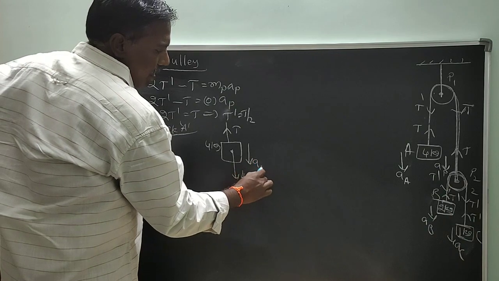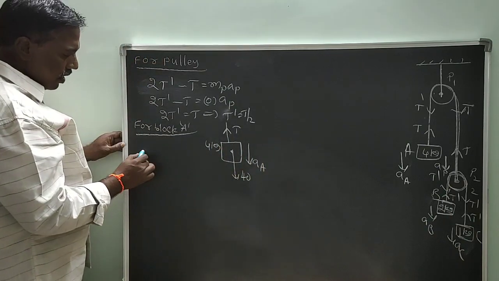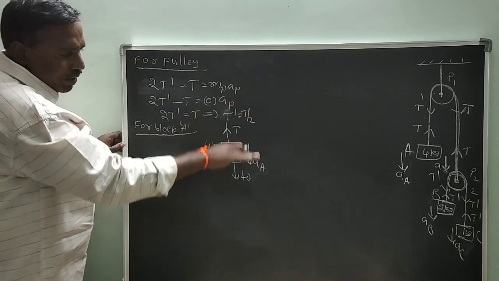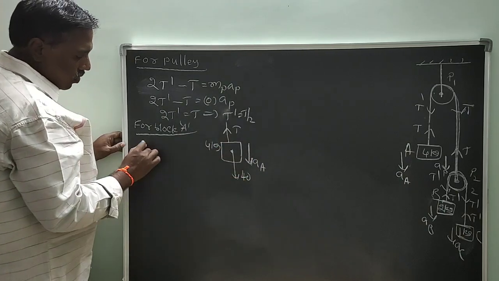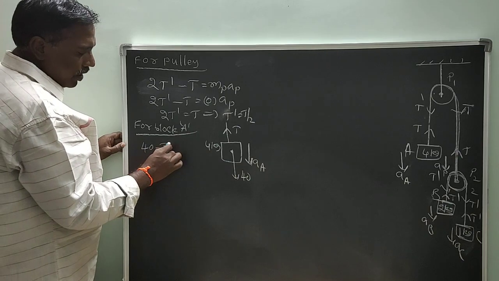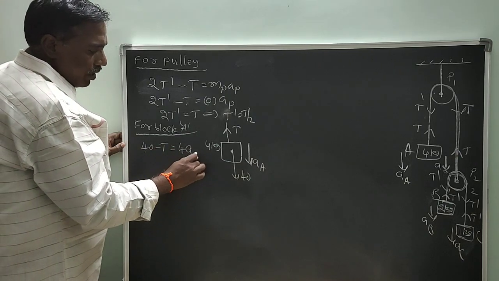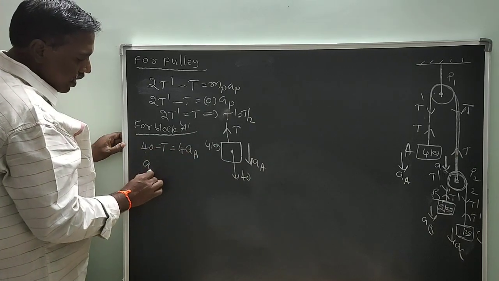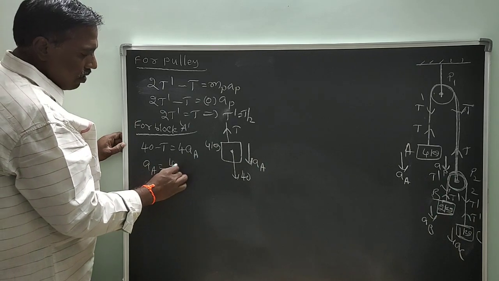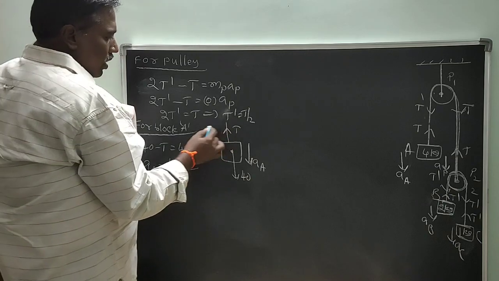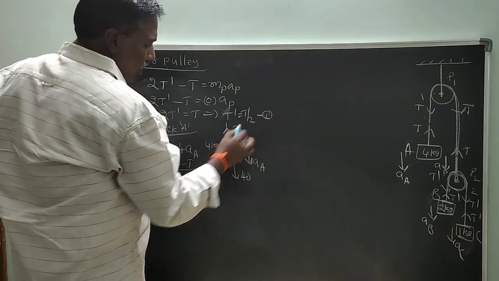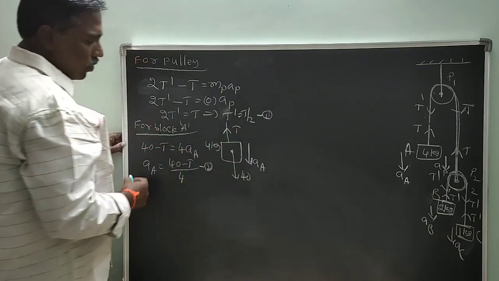The acceleration AA is downward, so 40 minus T is equal to 4 times the acceleration of A. The acceleration of A is equal to 40 minus T by 4. This is equation 1.